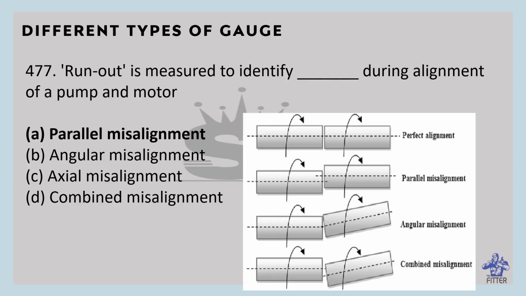Second is parallel misalignment, where the axes are offset up and down, so they are not coinciding. Then angular misalignment, where the axes meet at an angle. And combined misalignment, where parallel and angular misalignments both happen.